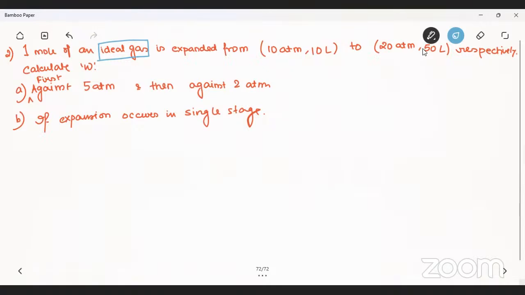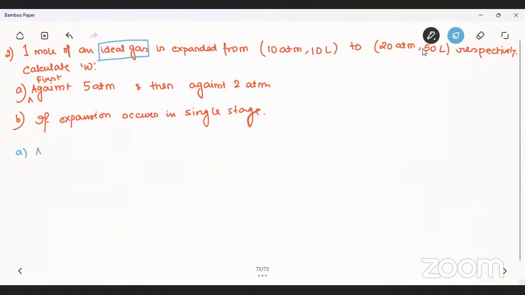Case A, the gas is expanded first against a pressure of 5 atmosphere and then against a pressure of 2 atmosphere. Let's say in the first step, the gas expands from 10 liter to 50 liter against a pressure of 5 atmosphere. So what will be the work done?